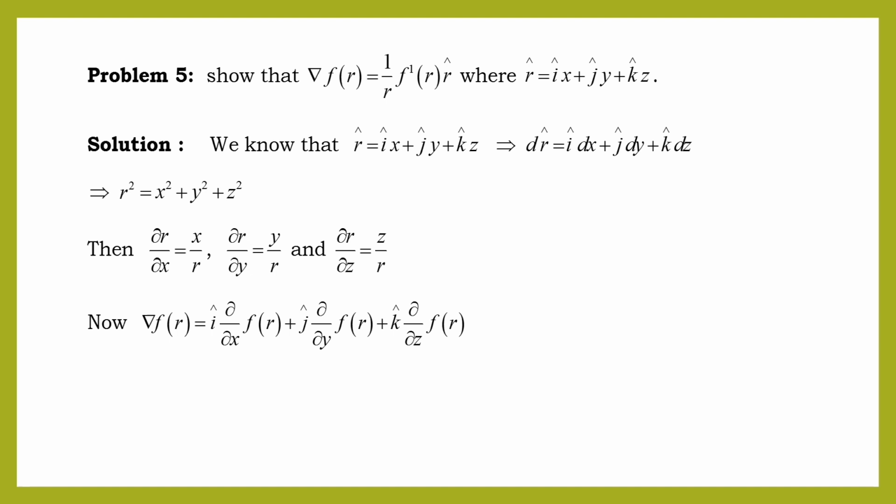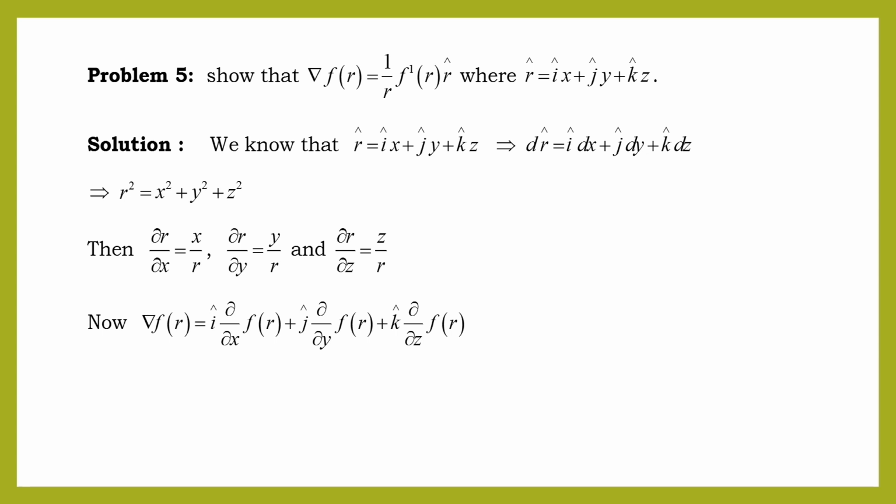We know that this is our velocity vector. If we want to find out r square, we need to find out r cap dot r cap. So r square becomes x square plus y square plus z square. We have seen this in our previous problem.